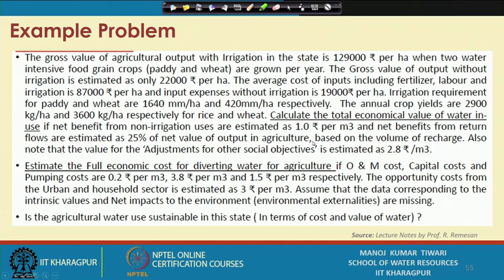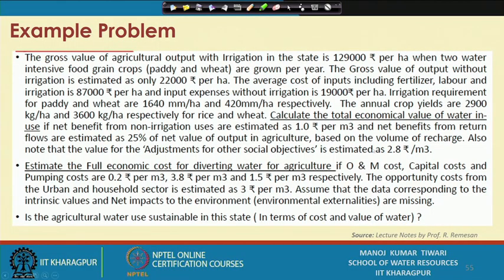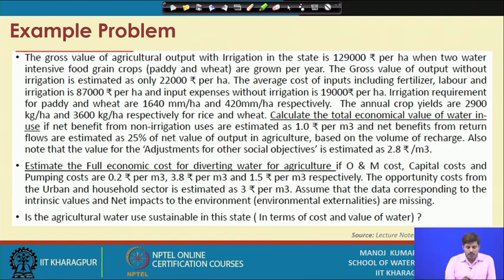The net value of output was 1.87, so it will be taken as 1/4 of 1.87, which is 25% of 1.87, based on the volume of recharge. Also note that the value for the adjustment for another social objective is estimated as 2.8 rupees per meter cube.